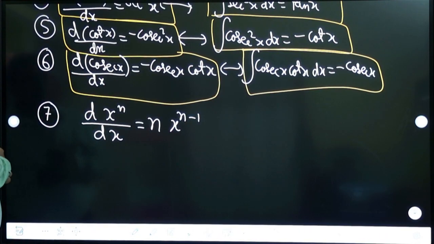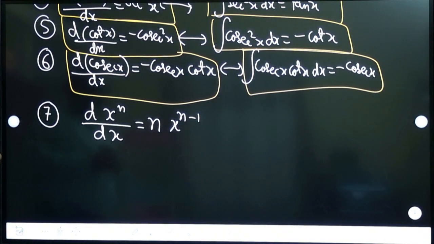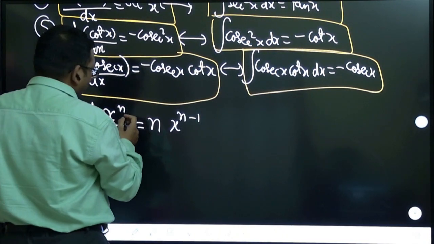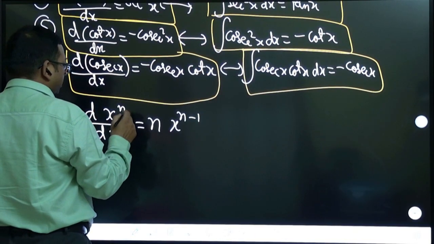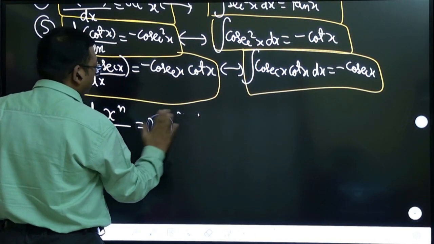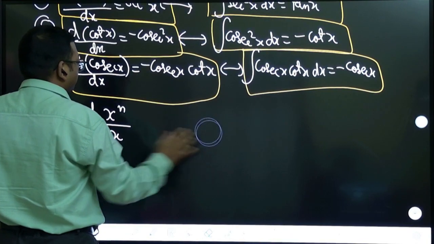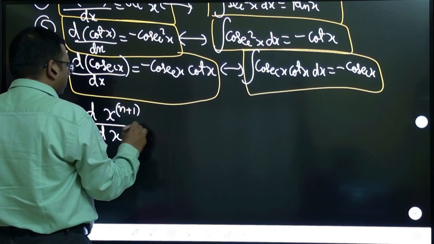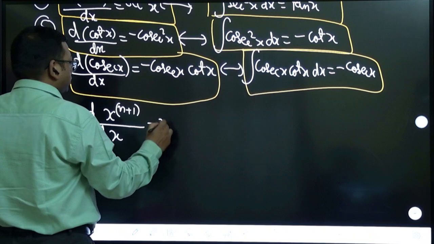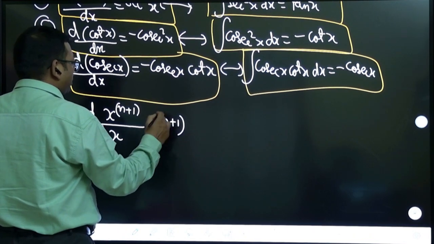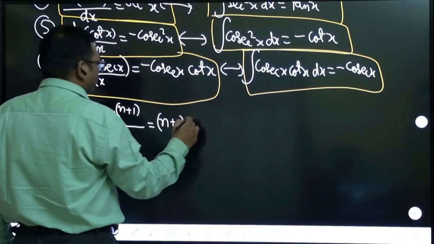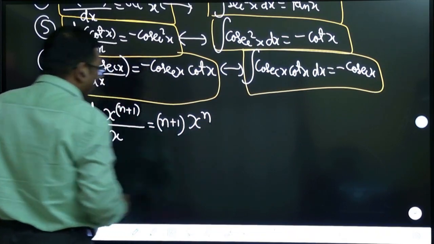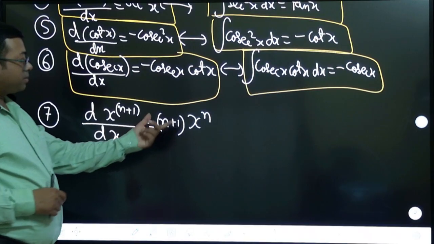Now instead of n, suppose I use n plus 1. Then x power n plus 1 differentiation gives n plus 1 times x power n. So the original power comes down and the power decreases.